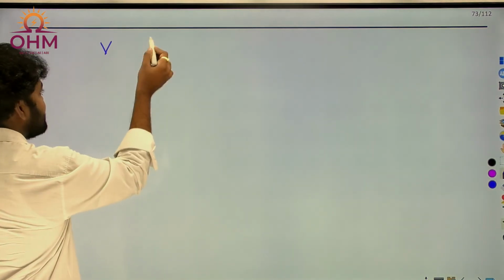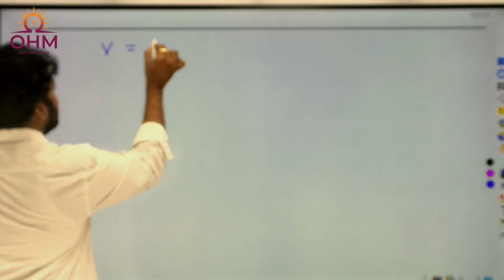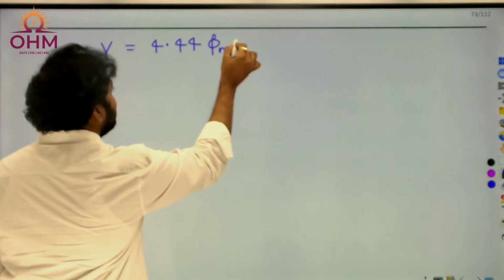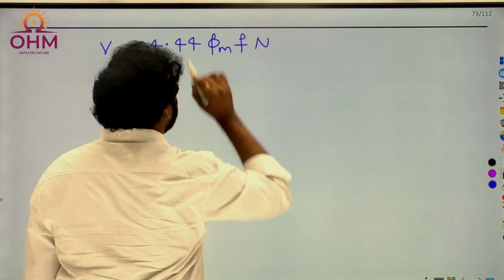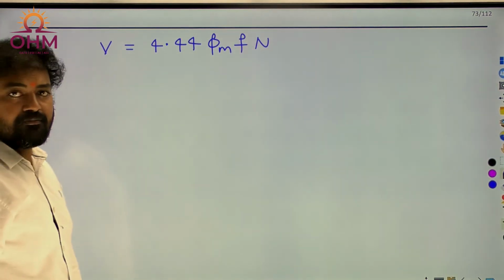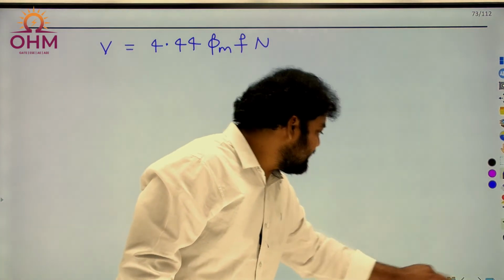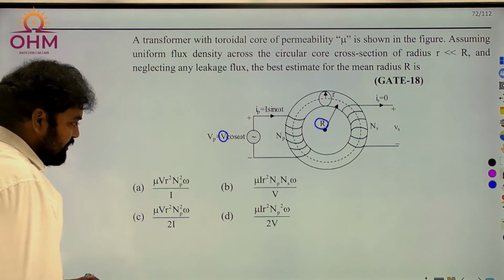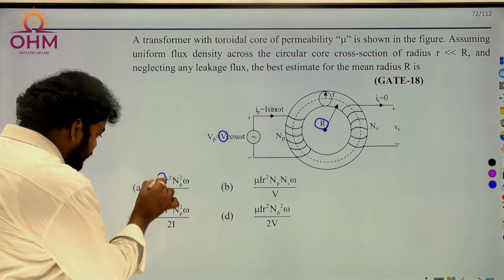Primary voltage is equal to 4.44 into phi m into frequency into number of turns. This is actually the formula. But if you look at all the options, there is a term V involved in every option.